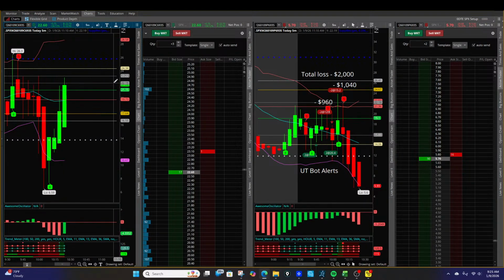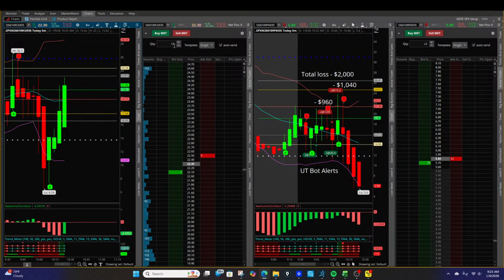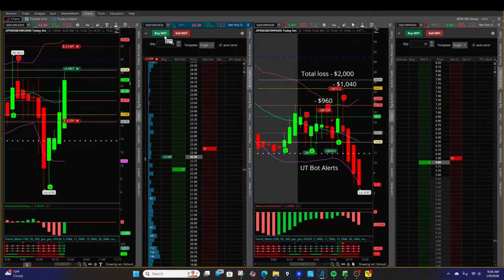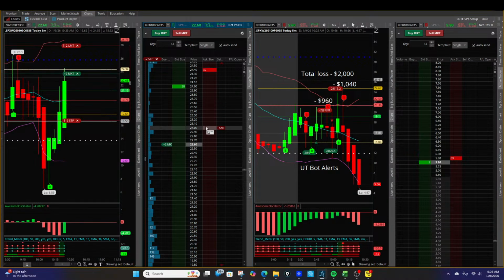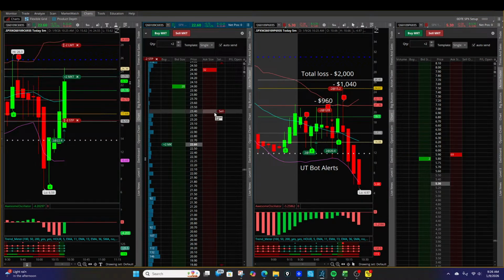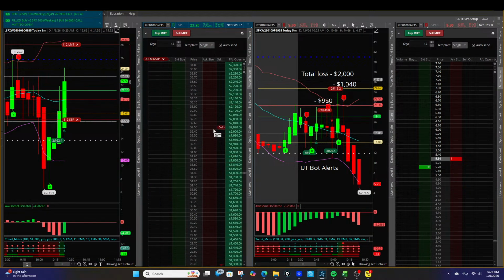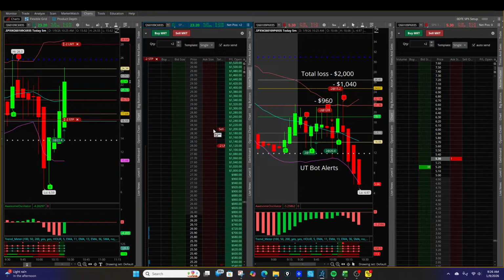Okay, so this is paper trading, so I'm going to practice, and I'm going to get 2 of these contracts, and because this is moving so bullish, I'm going to keep it at 1120.